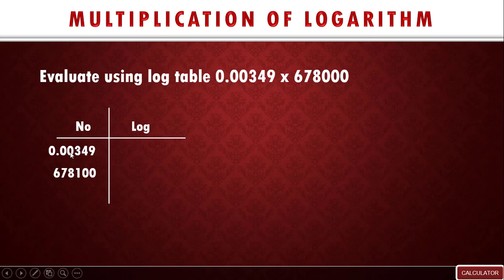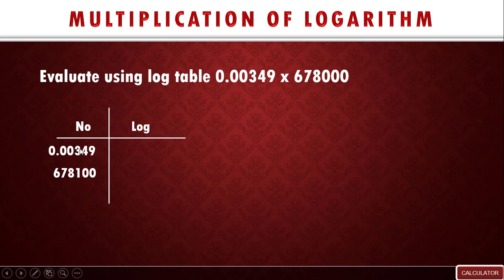The reference position will only occur when we encounter the first non-zero digit in a particular number. If you look at this number now, the first non-zero is this 3. So that means the reference position will be after it, in between 3 and 4.